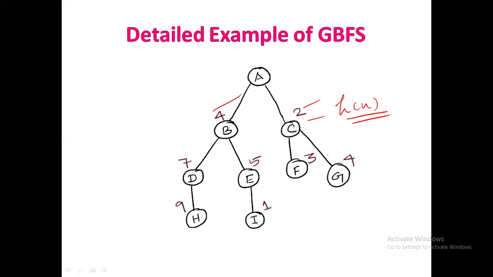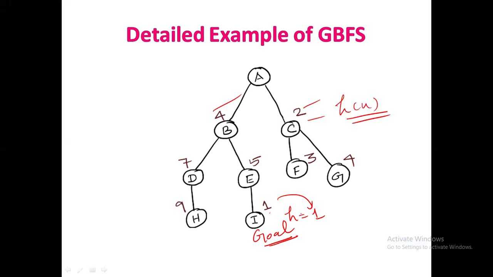The heuristic values are used by the greedy best first search algorithm to prioritize the nodes for expansion. Here we are considering node I as the goal node, and it has the lowest heuristic value. The h value is 1, indicating that it is the closest to the goal according to the heuristic.